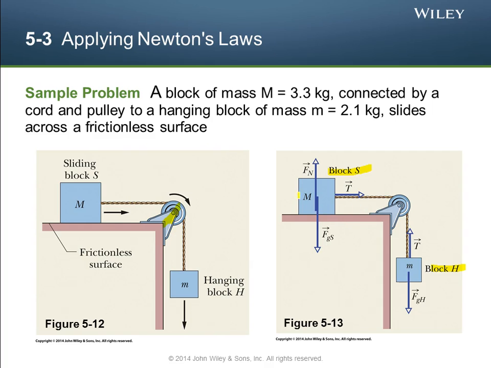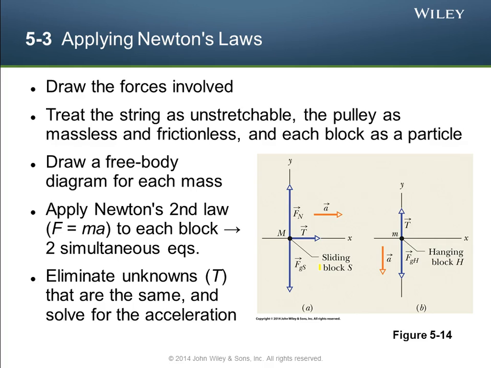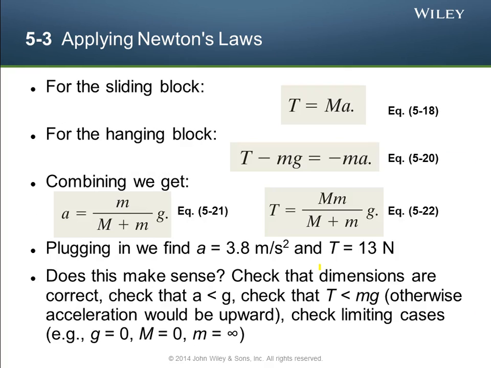We see we have tension, normal force, weight of gravity, all that stuff. Applying Newton's laws to these and looking at these free body diagrams, we can come up with these nice handy equations. These are equations that we're going to use a lot when it comes into play with this type of situation, with the block on the table and one that's hanging.